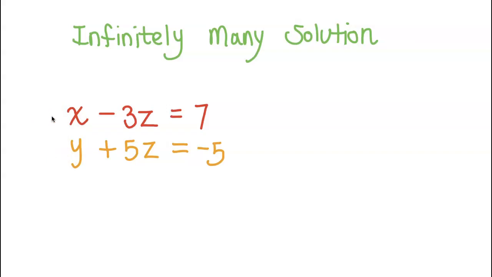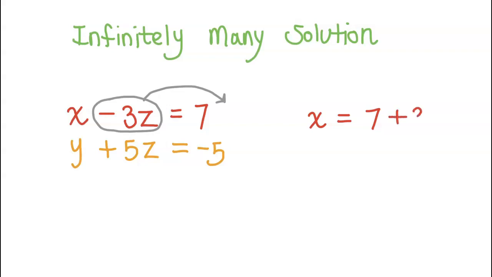Now watch this for me. What if I move this -3z to the right-hand side? Then the new equation will look like this: x equals 7, and when I move that -3z, it's going to turn into a plus 3z because I'm adding 3z to both sides to move it.